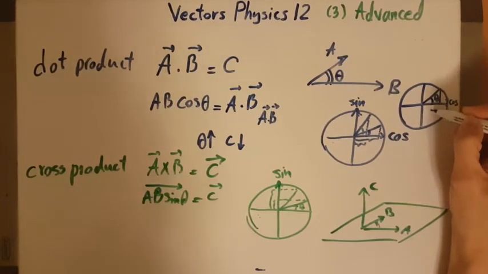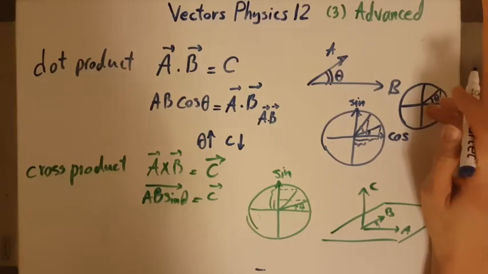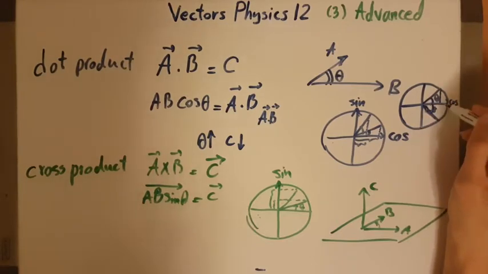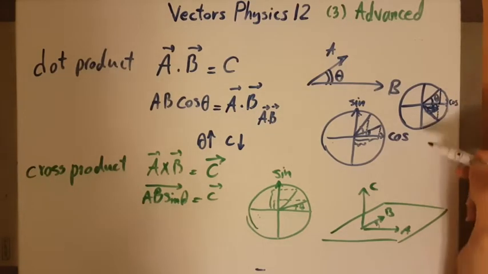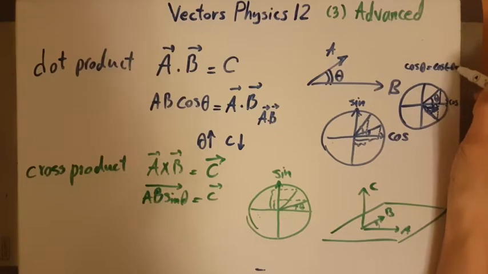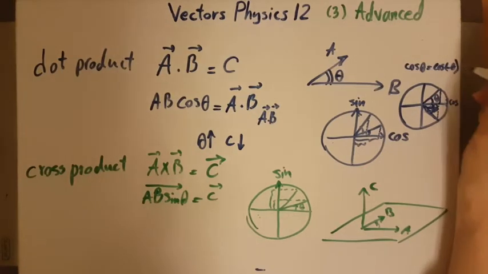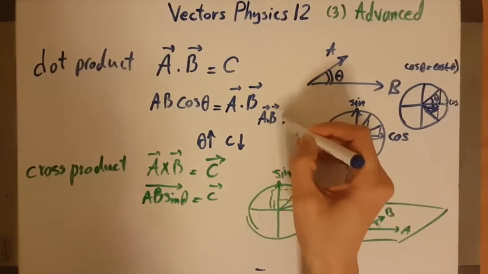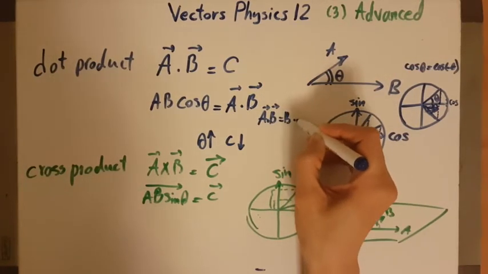This is negative theta, which is equal in magnitude to theta, just in a different direction. The cosine of theta equals the cosine of minus theta. Therefore, A times B equals B times A.